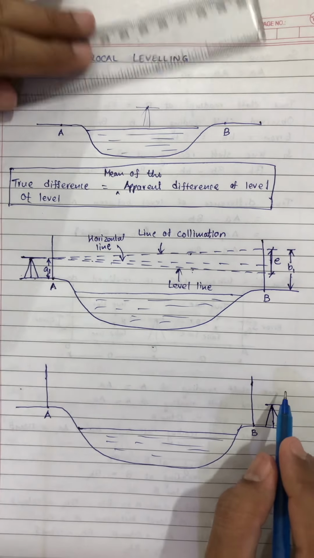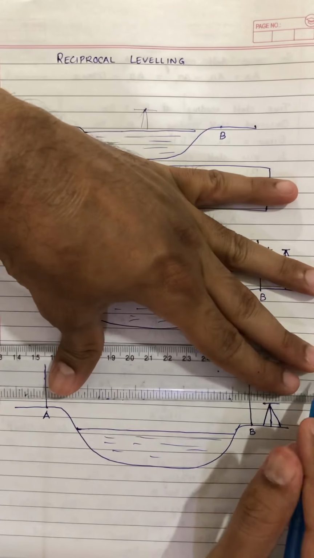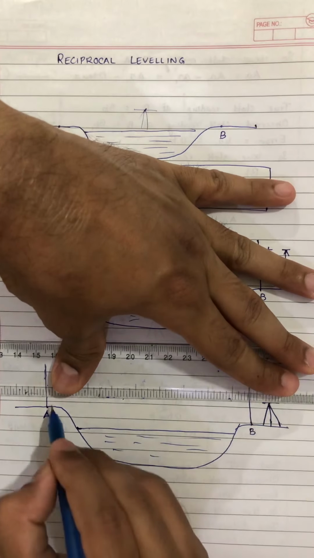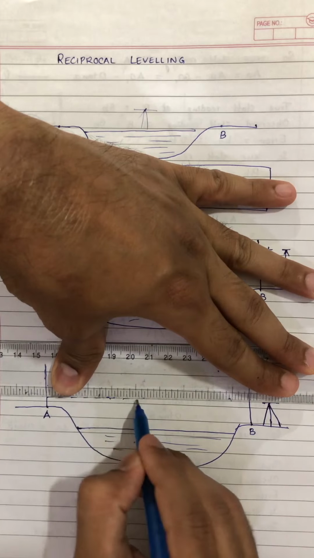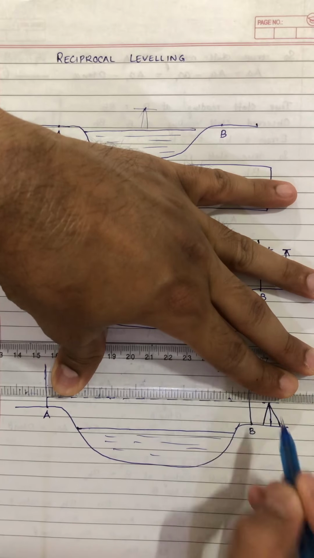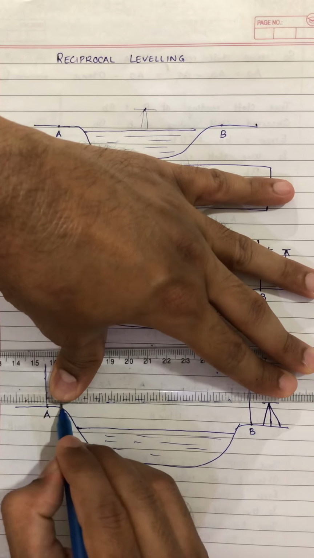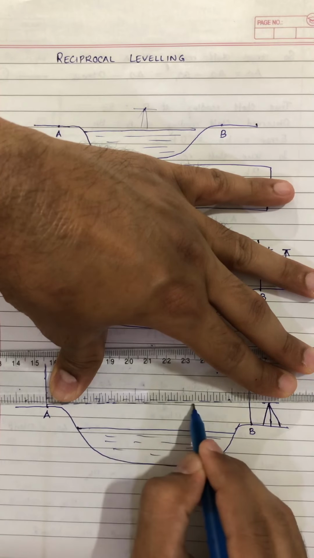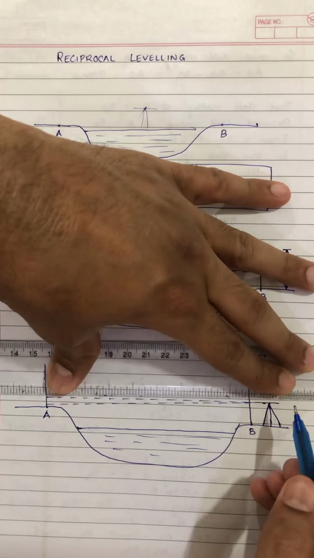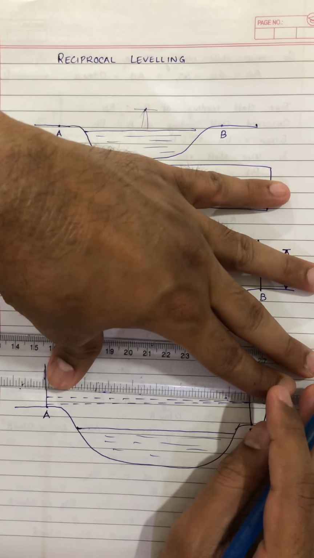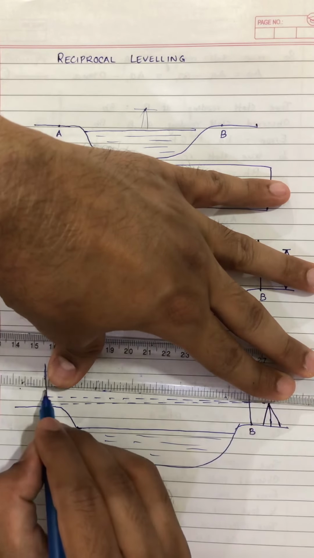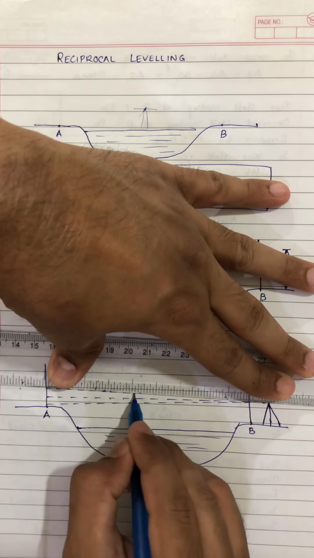Okay, so suppose this is the horizontal line, this is the level line, and this is the line of collimation.